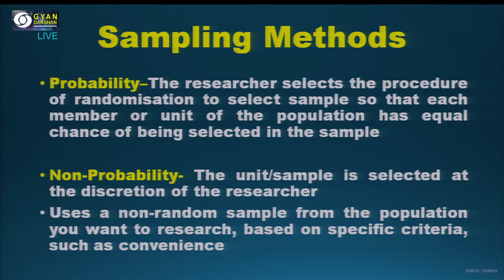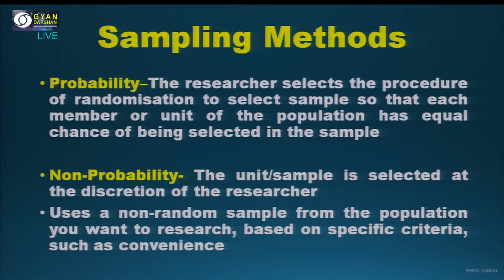Each individual or member will have an equal chance. If the population is 100, which is a very small number, and you are going to select 10 students from 100 students, each of the 100 members has an equal chance of getting selected. Non-probability is just the reverse: the unit or sample is selected at the discretion of the researcher.